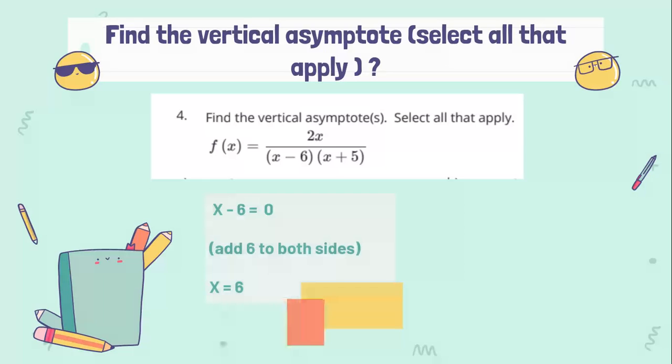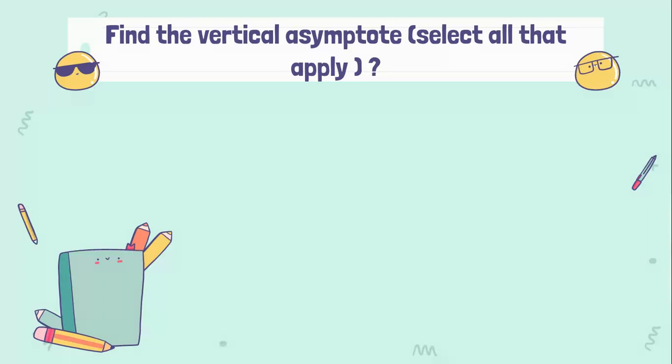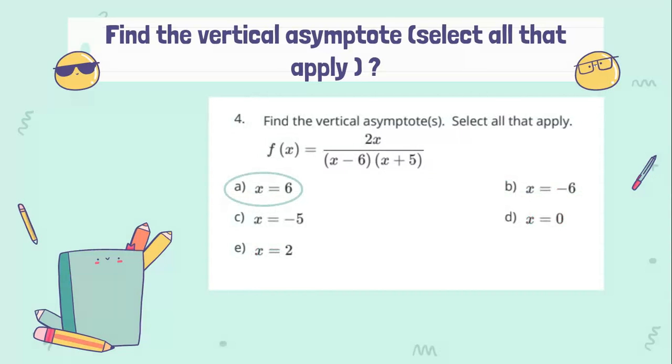So x minus 6 equals 0. I added 6 to both sides, and the answer is x equals 6. I did the same for the second one, and the answer was x equals negative 5. So the answer for this question is A, x equals 6, and C, x equals negative 5.